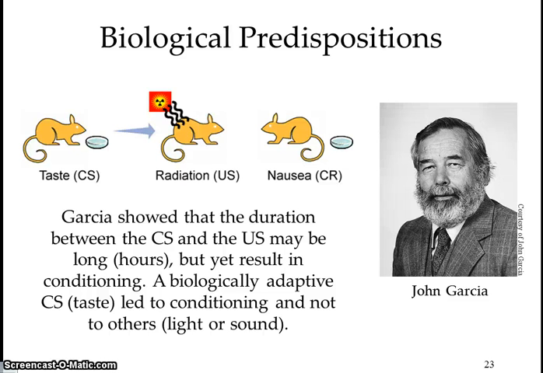So now every time the animal sees that food, they're not going to want it, because the conditioned response is, I ate that and I got sick. So he learned to associate the conditioned stimulus and that conditioned response. Garcia showed that the duration between the conditioned stimulus and the unconditioned stimulus may be hours, yet result in conditioning. So you don't have to have it within half a second like Pavlov says. You can actually have it hours later. So a biologically adaptive conditioned stimulus, the taste, led to conditioning, and not others like light or sound.